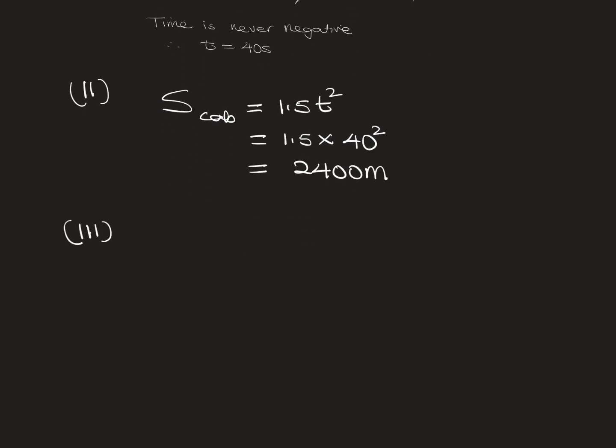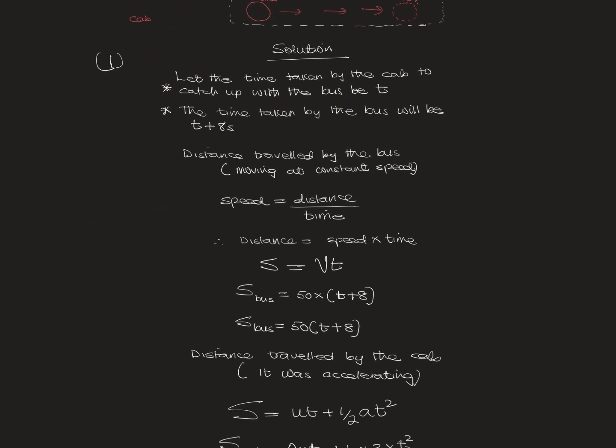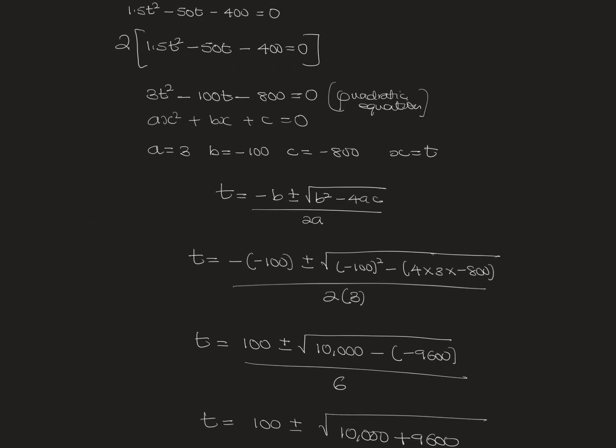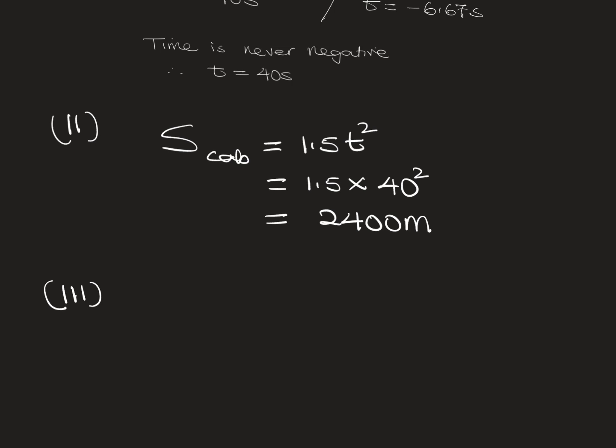Moving on to the third question, it is asking us to calculate the final velocity of the cab when it catches up with the bus. So we are asked to calculate v. But before that, let's collect the data. The acceleration was 3 meters per second squared. The distance traveled is 2,400 meters.